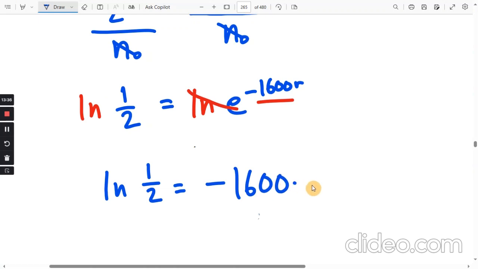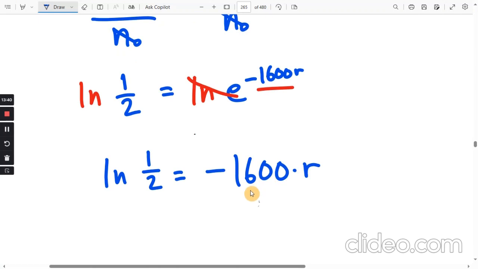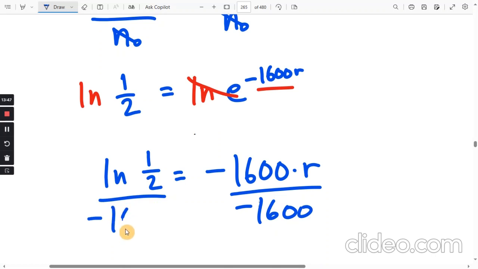In other words, negative 1,600 times r. The opposite of times negative 1,600 is divided by negative 1,600. On the right, it cancels, same term over itself. ln of 1/2 divided by negative 1,600.